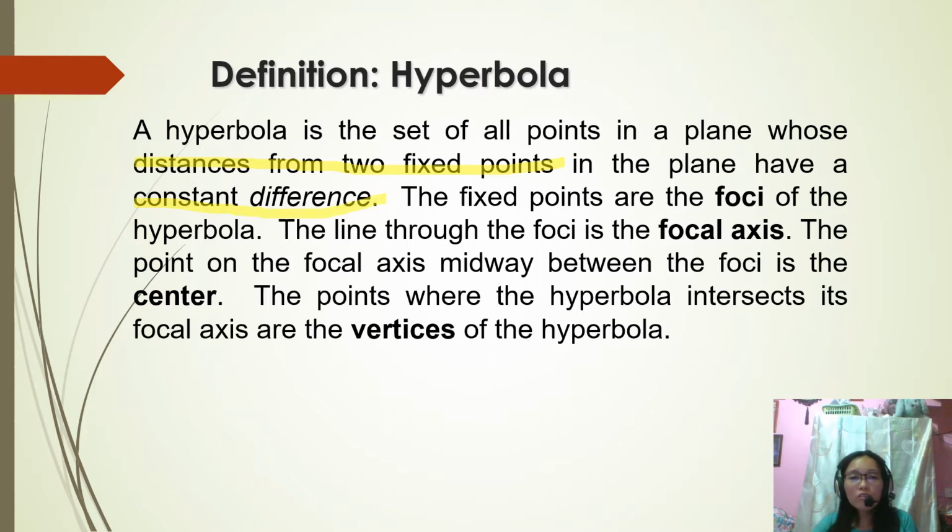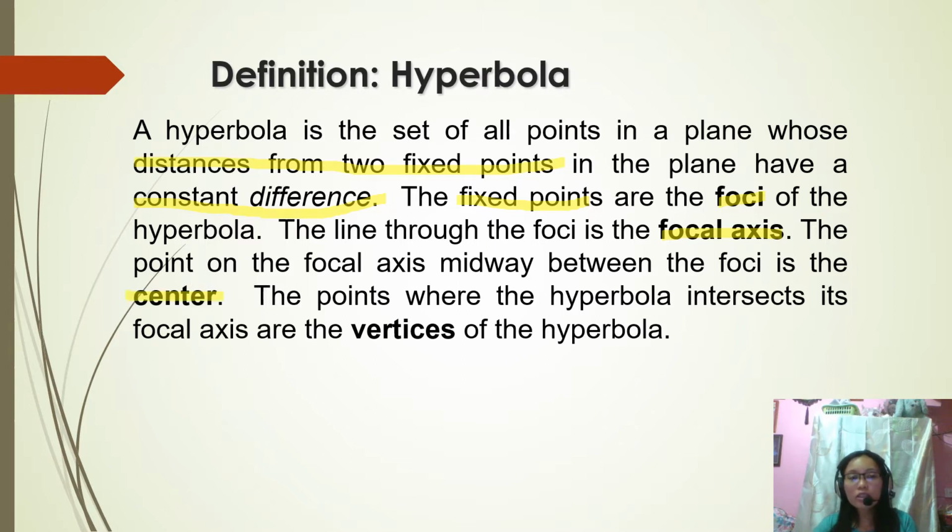Alright, so the fixed points are what you call the foci. The line through the foci is called the focal axis, and we also have the point which is found midway. Nasa tunga or kaninga point ang midpoint sa ato ang focal axis o sa ato ang foci.